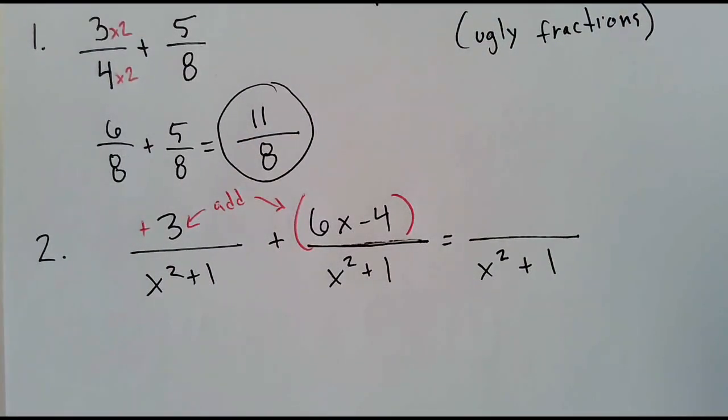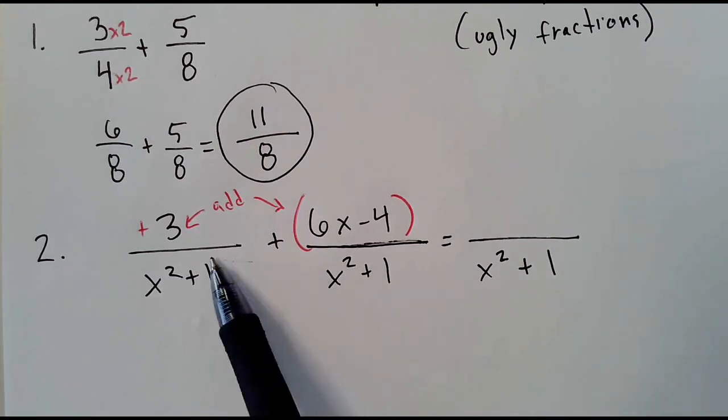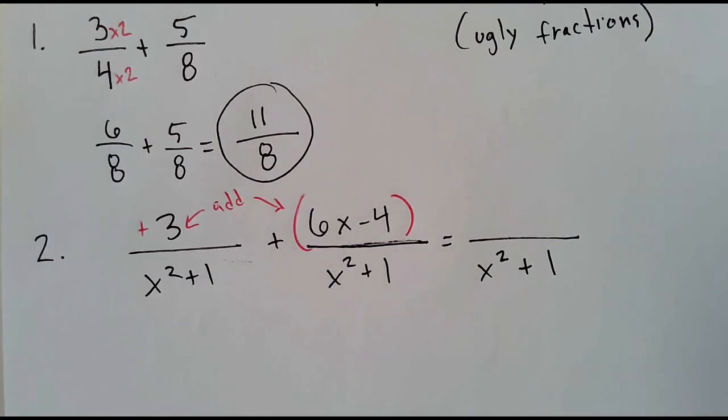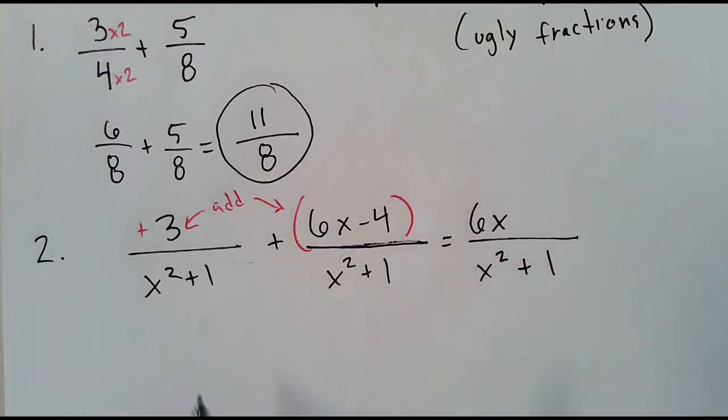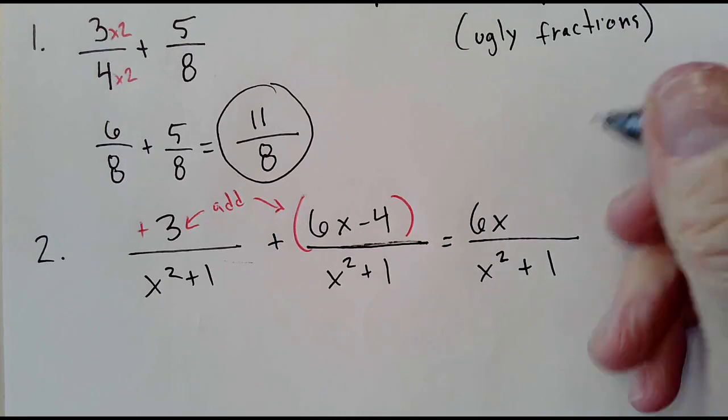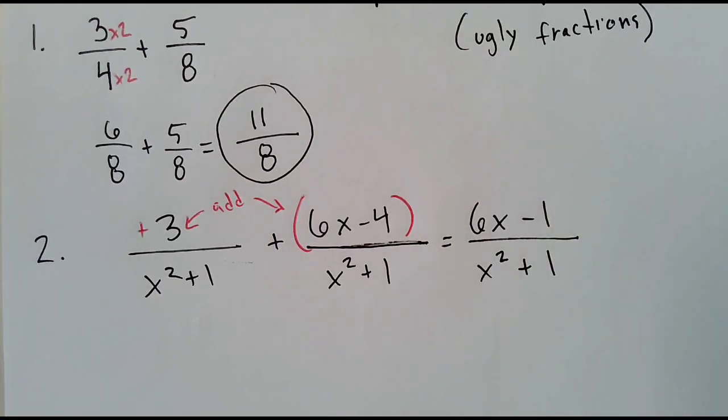When we add stuff with variables in it, it involves combining like terms. We know how to combine like terms, right? Yeah. Okay. So then 6x, and then you got plus 3 minus 4. What's a plus 3 minus 4? Minus 1, yeah. And so the top of the fraction is a 6x minus 1.